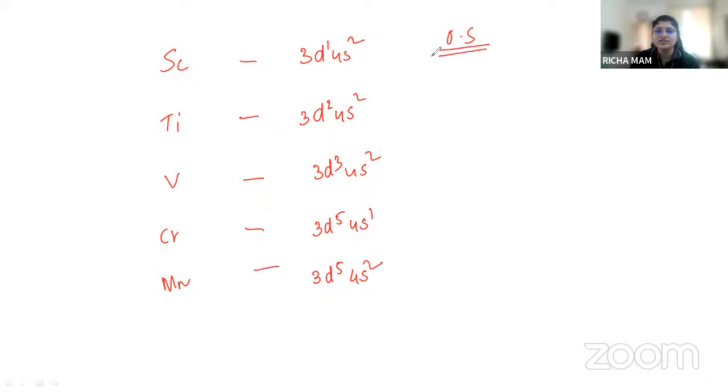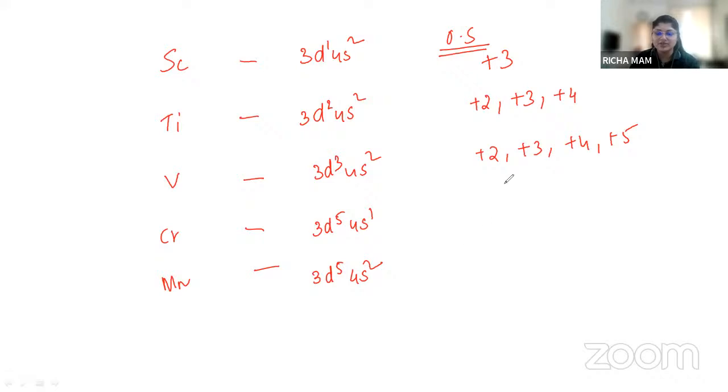What is the oxidation state of scandium? The maximum number of electrons it can give is 3, so it is +3. Then titanium, the maximum number of electrons given is 4, so it can show +2, +3 and +4. Then here the maximum is 5, so it will show +2, +3, +4 and +5.